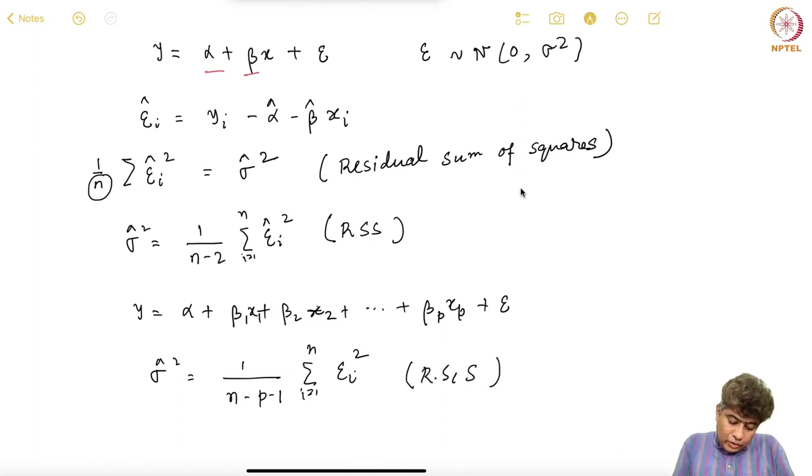Because you are estimating beta 1 to beta p, p estimators, plus alpha, that is p plus 1, it results in n minus p minus 1 as the divisor.